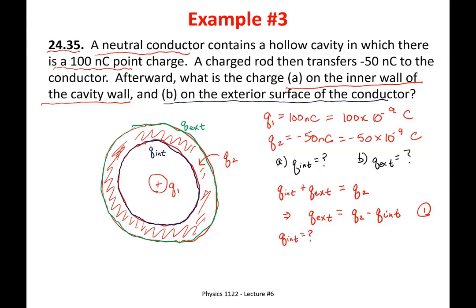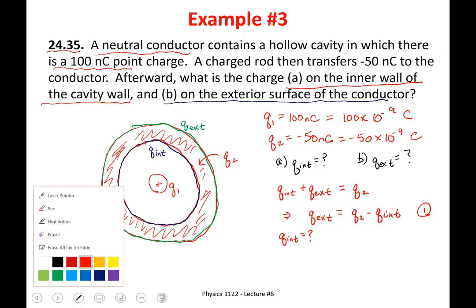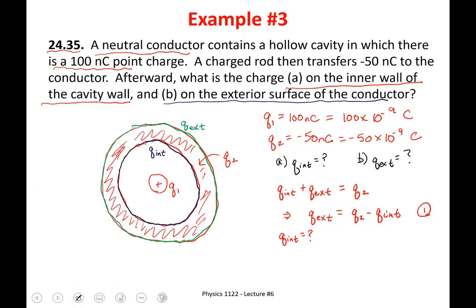And to figure that out, I am going to use a trick that's used to solve such problems. The strategy is that I choose a Gaussian surface which is inside of the conductor.